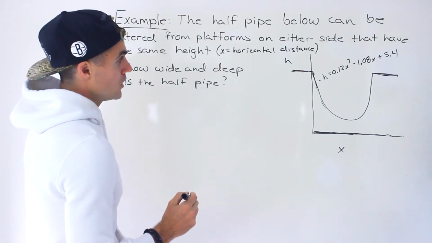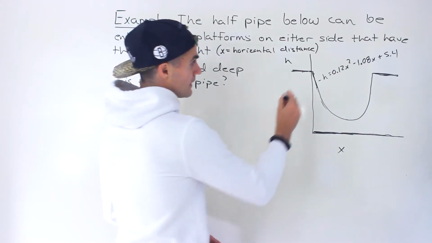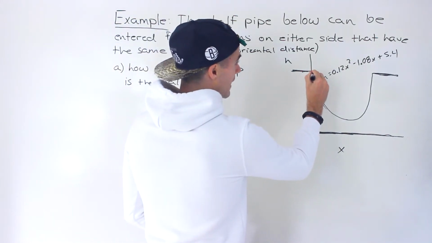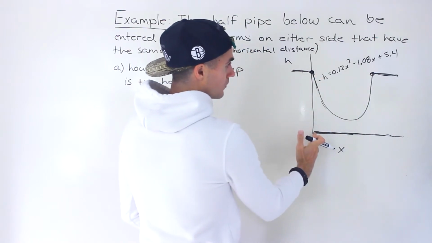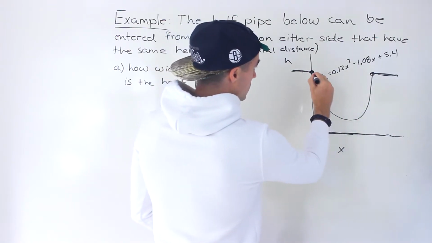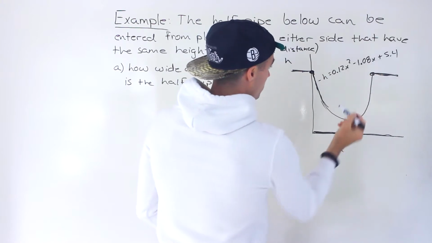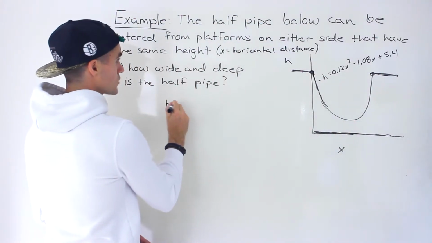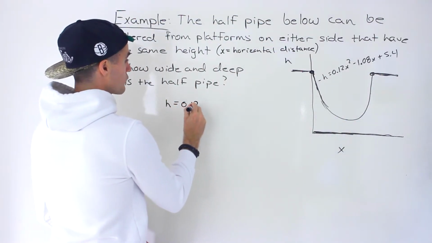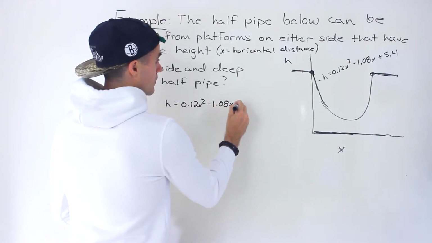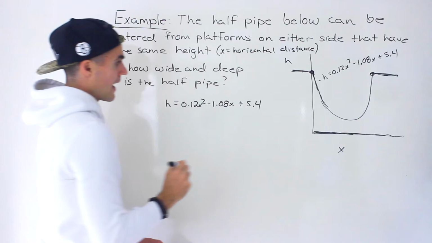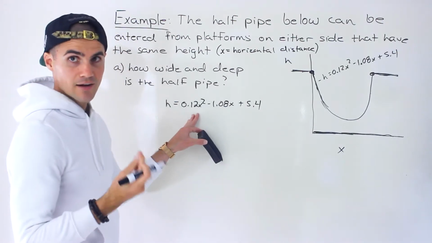Now, notice that we can actually find out how high these platforms are above the ground, because this quadratic goes through both of these points. So let's write this quadratic over here just for more reference. Notice that this is a quadratic in standard form.